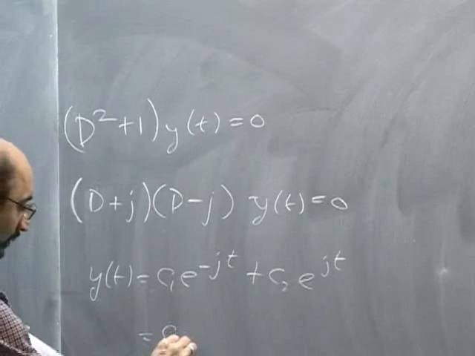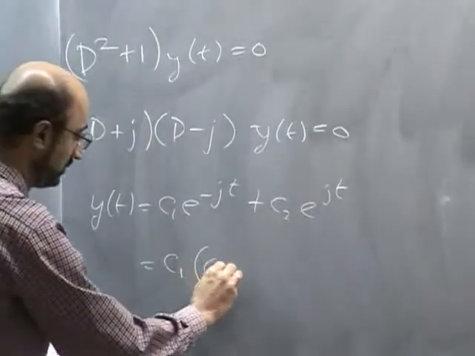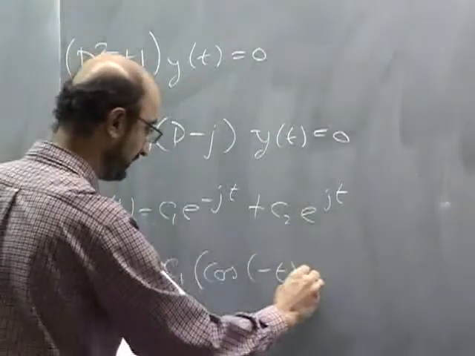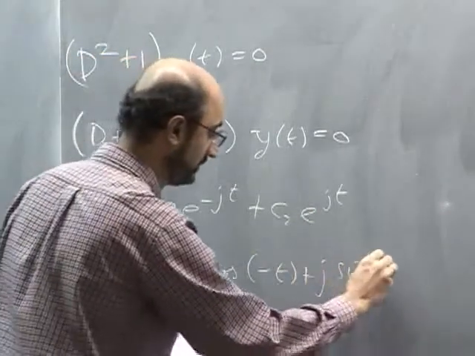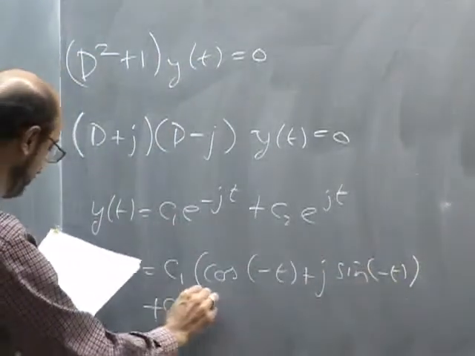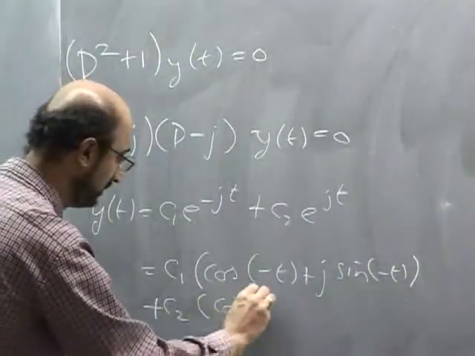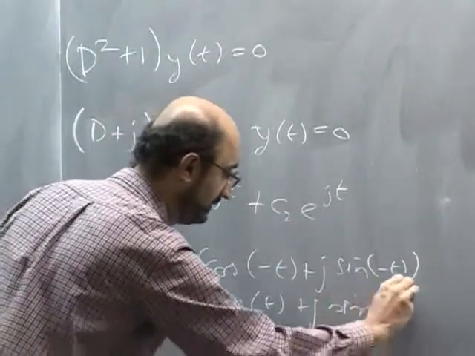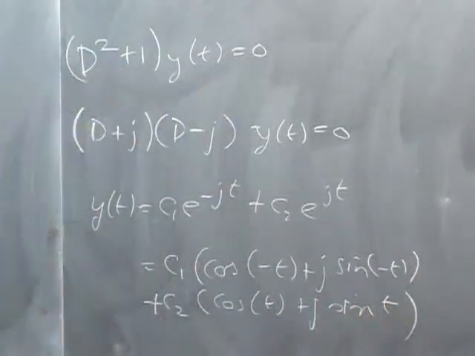So we get c1 cos minus t plus j sine minus t, plus c2 cos t plus j sine t, right?